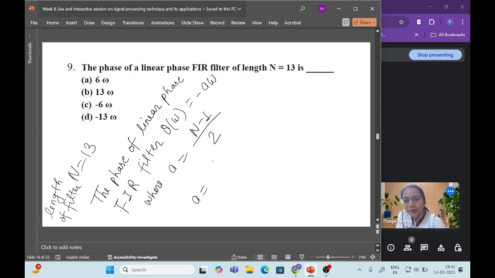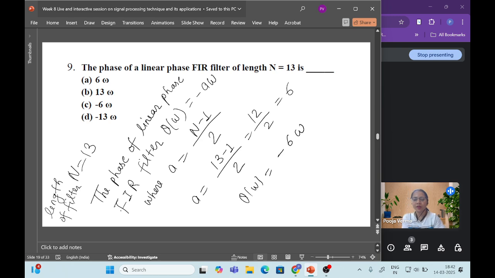So first we will find out a: 13 minus 1 divided by 2, that is 12 by 2, which is equal to 6. So the phase of the linear phase FIR filter theta of omega will be minus 6 omega. Okay. So option C is the correct answer for that question.